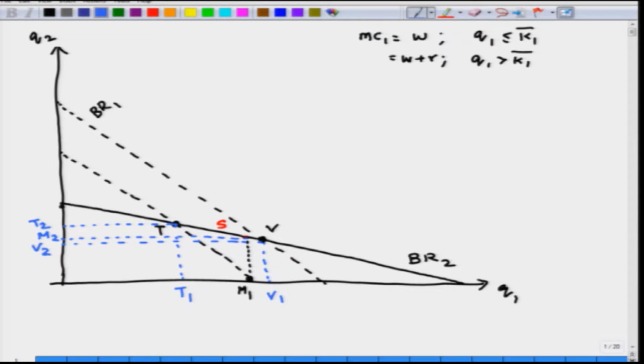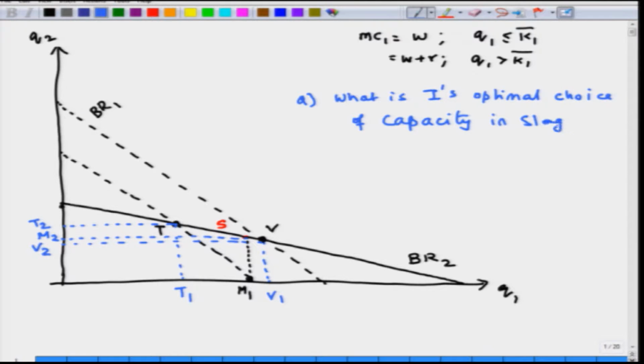So, while we have the entire depiction of the Nash equilibrium outcomes in stage 2, let us ask what is the optimal choice of capacity for the incumbent in stage 1. So, the question that we were trying to answer is, what is the incumbent's optimal choice of capacity in stage 1.